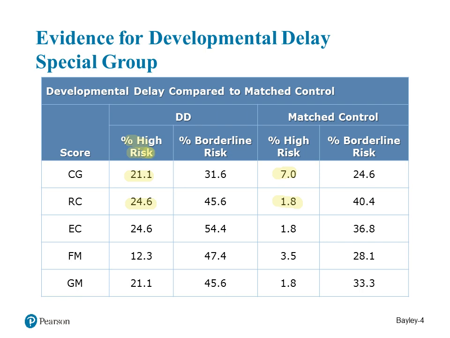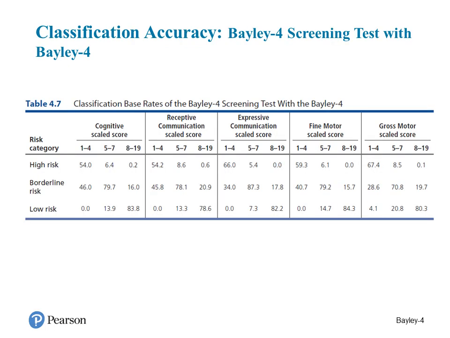The other thing that I think is important to consider when you're considering a screening test is the classification accuracy when you think about the Bayley-4 screening test compared to the Bayley-4. Because effectively what the expectation would be is we administer the screening test to a large number of young children. We identify the children who are at risk for a developmental delay, and then we follow up that high-risk classification with the administration of the Bayley-4.